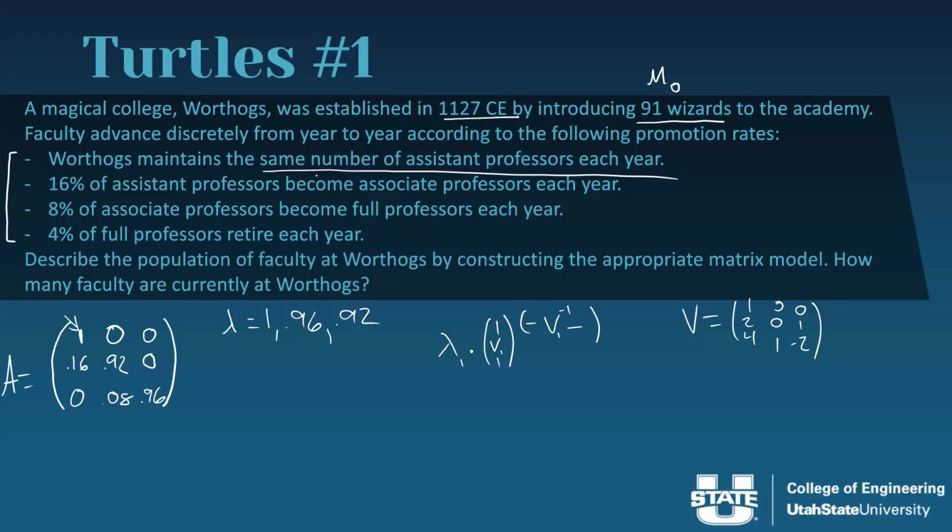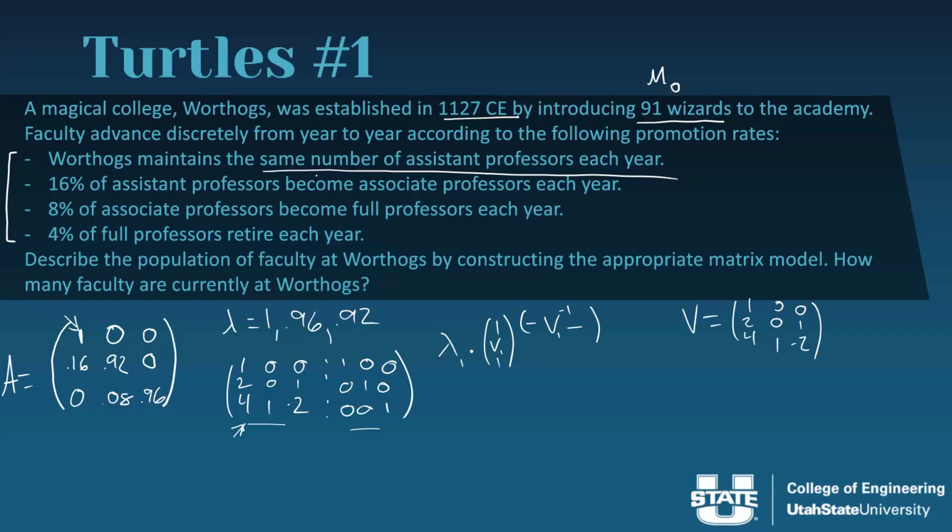So how I usually get the inverse of a 3 by 3, I set up 1, 2, 4, 0, 0, 1, 0, 1, negative 2. That's my eigenvector matrix. Then we augment it with an identity matrix, and I do reduced row operations on this matrix until it looks like the identity.